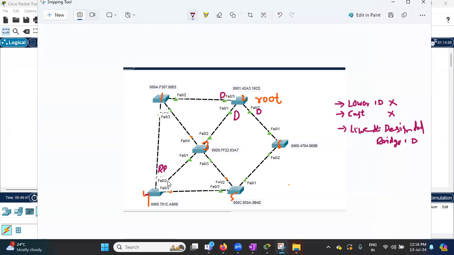For example, this designated bridge ID is 00D0, and this designated bridge ID is 0001. So the lowest would be through switch 1. So it will go via switch 1, right? Whatever port is connected here, this port will become the root port, right?